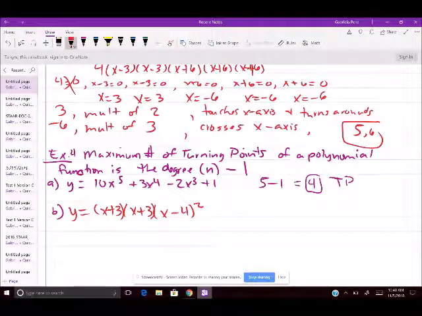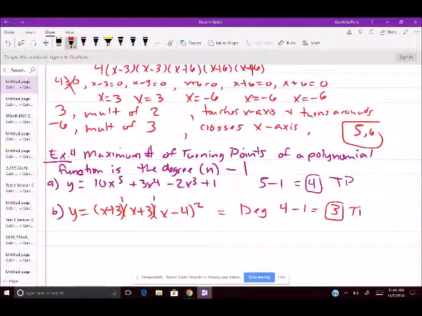So here, remember, what was the easiest way for you to find your degree? It was example 1, number 2, letter C. Do you actually have to multiply like crazy? No. What is your exponent here? So my degree for this one is what? 4 minus 1. My answer will be 3. 3 turning points. This is for problems 7 and 8.